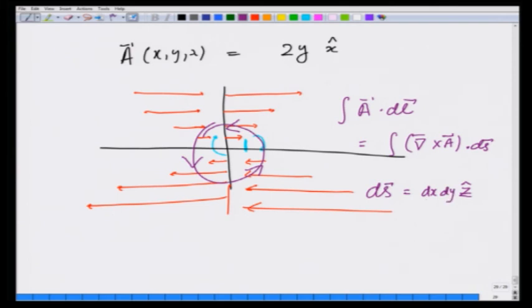The dl, since I am going counterclockwise, in Cartesian coordinates is going to be dx x plus dy y. I can also write this, since this is a unit circle, very simply as length r equals 1, so d phi in the phi direction. Both indicate the same thing.